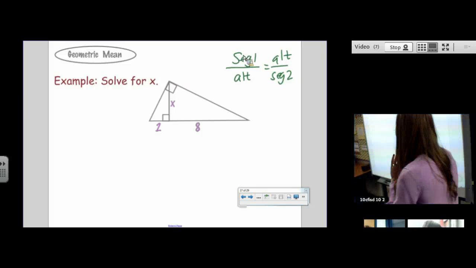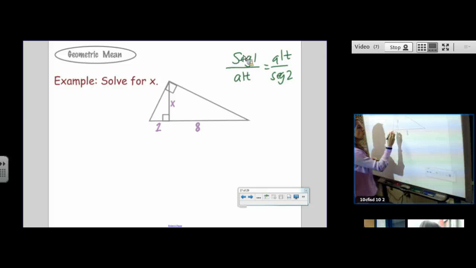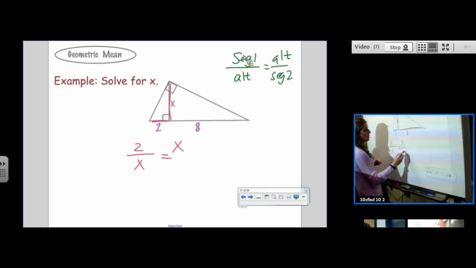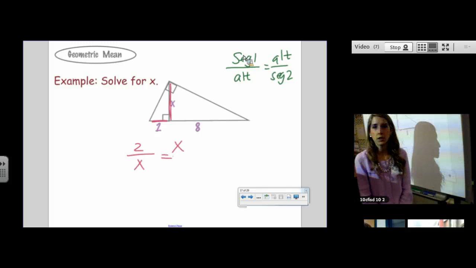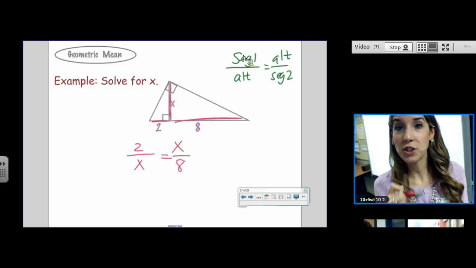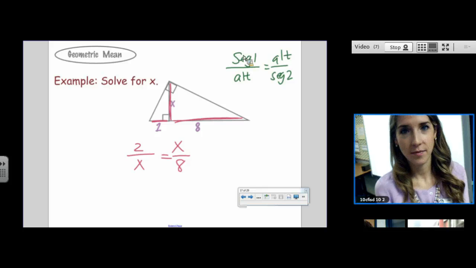All right, so to solve this problem, we would do segment of the hypotenuse over the altitude equals the altitude over the other segment of the hypotenuse. 2 is to X as X is to 8. That's the same as saying that X is the geometric mean of 2 and 8.